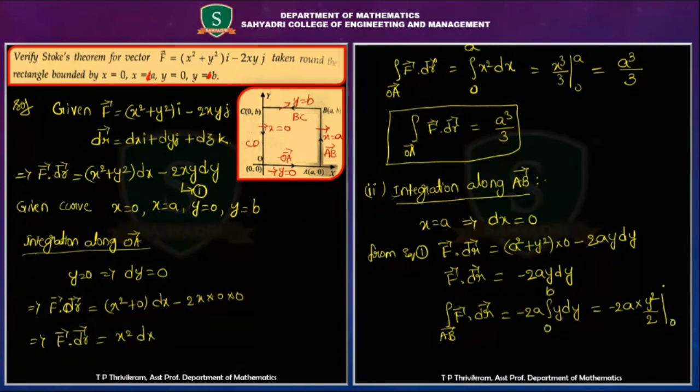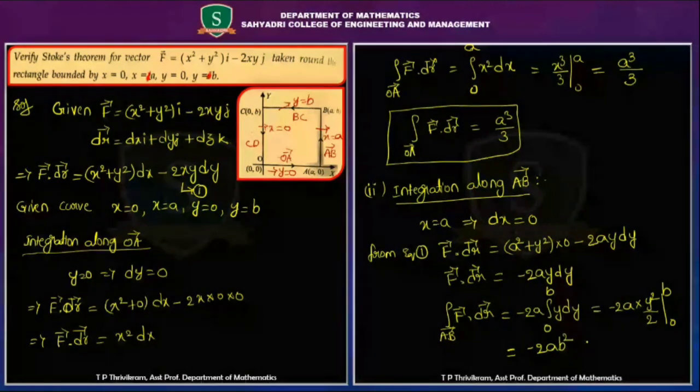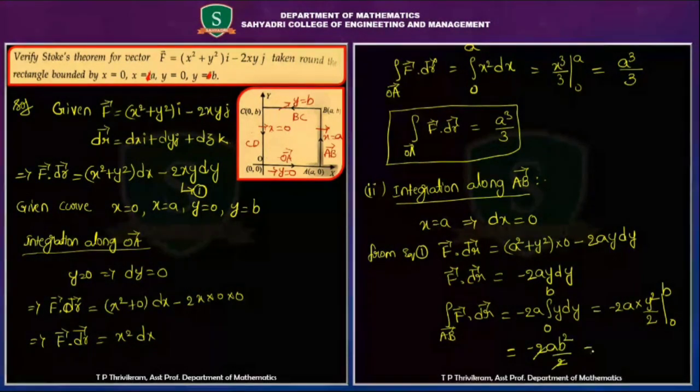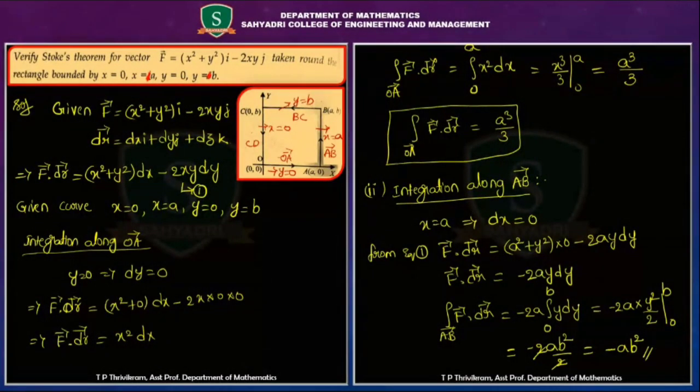So 0 to b, you substitute. So what is the overall answer? Minus 2a b square by 2. So cancel it: minus a b square. Okay, so the integration along the AB line is nothing but minus a b square.